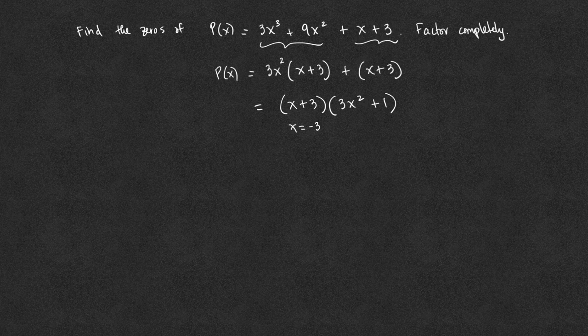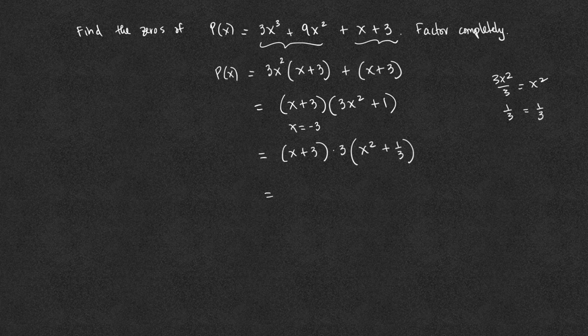This might be an odd new request, but it is recommended that we also factor out 3 to end up with 3 times x squared plus 1/3. 3x squared divided by 3 is x squared, and 1 divided by 3 is 1/3.